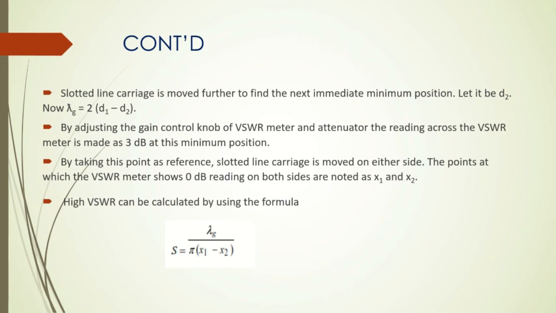Then the points at which the VSWR meter shows 0 are noted and marked X1 and X2, and you can use this formula to obtain your VSWR value, which is S. Since you already have your wavelength and pi as a constant, you can substitute the values of X1 and X2 obtained to get your VSWR value. Thank you.